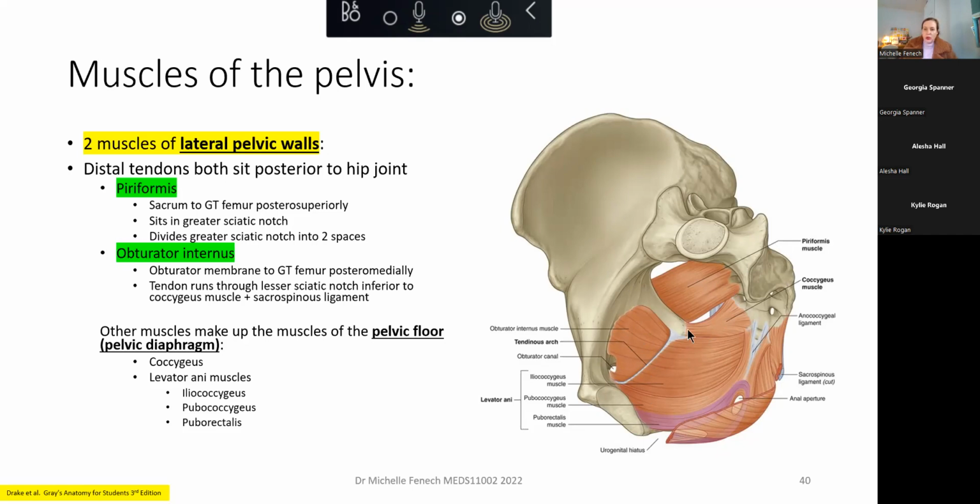They make up what we call the lateral or side walls of the pelvic basin. These ones here are more central and form a cup, and they're going to form more of the pelvic floor. So we have the pelvic floor muscles, and then we have the lateral wall muscles. Is that making sense?